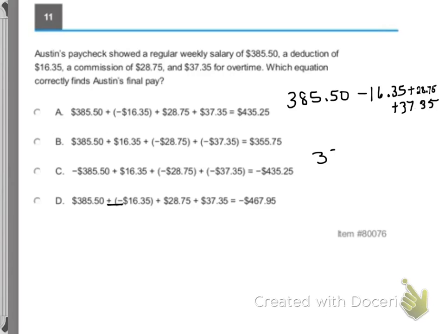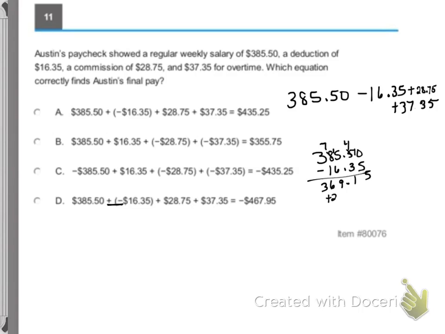Okay, I'm just going to do a running total. 385.50 minus 16.35. That gives me $369.15.